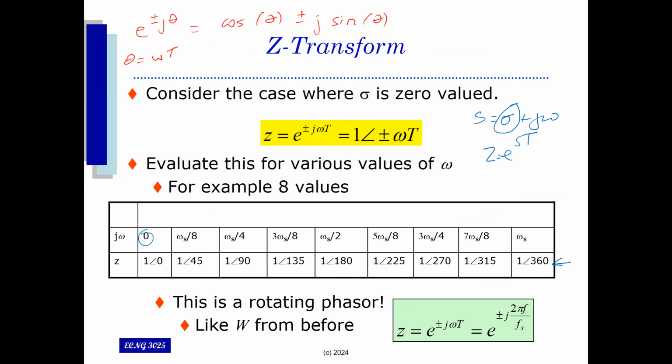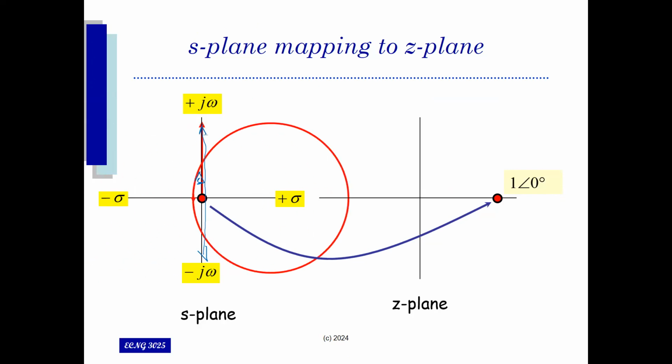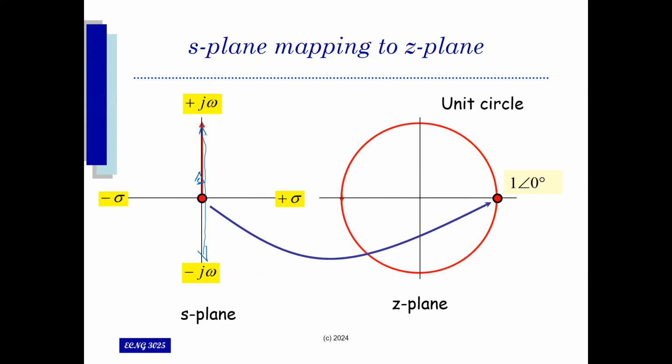And notice that the point 0 is mapping to a point 1 angle 0. And then as I go up that axis, I start to go around the unit circle. So I actually go around the unit circle this way. The next step was 1 angle 45, then 90, then 135, then 180, and so we're going on.